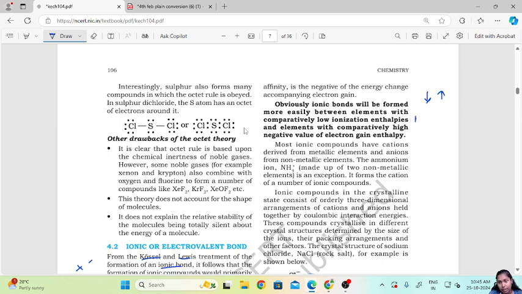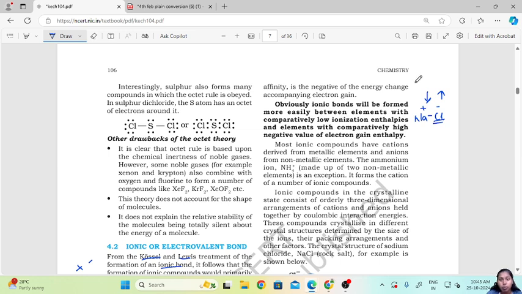For example, NaCl. Cl being highly electronegative, it will pull the electron from sodium, which will create the positive and negative charges on both of them. Hence there is a formation of an ionic bond.